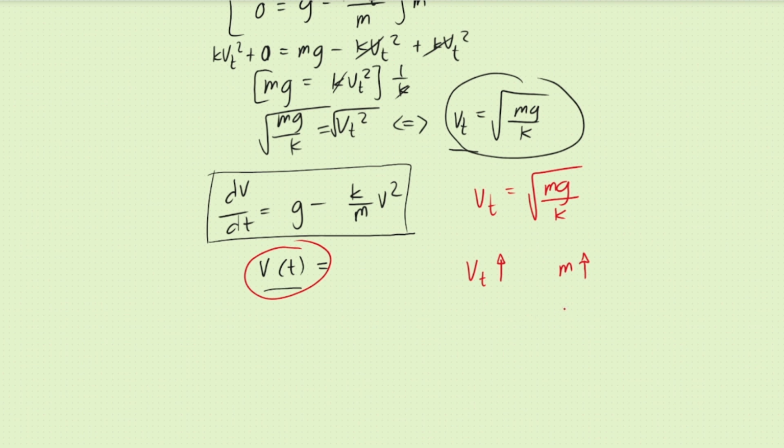How about k? The value of k is dependent on the drag coefficient c, and it's also dependent on the cross-sectional area of the object that's falling.